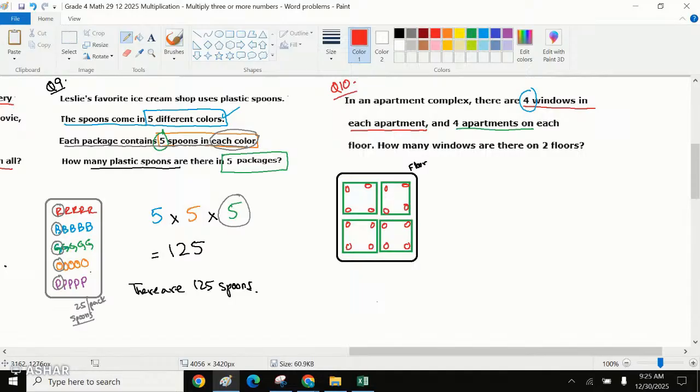Since there are 4 apartments and each apartment has 4 windows, that means 4 multiplied by 4. There are 16 windows per floor. And what they're asking us is for 2 floors. Multiply by 2. Agreed?